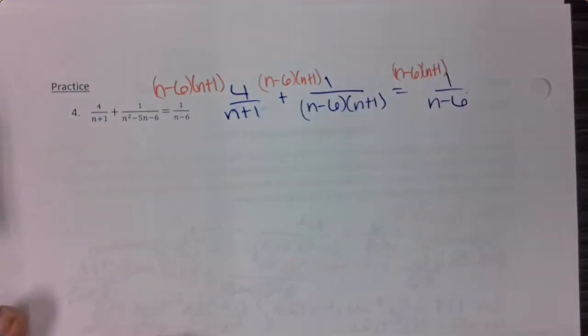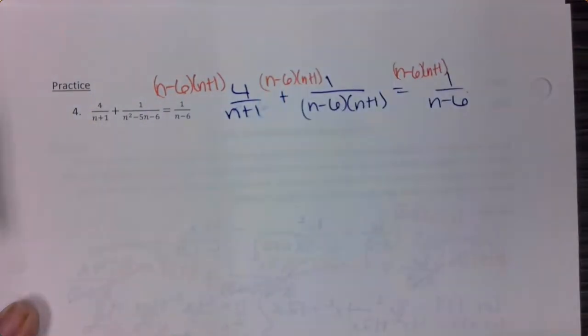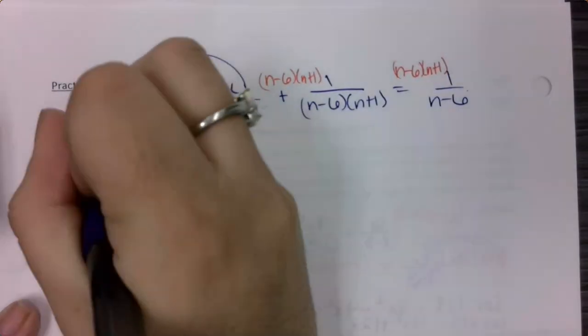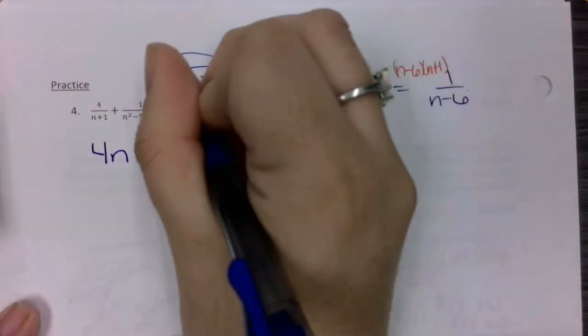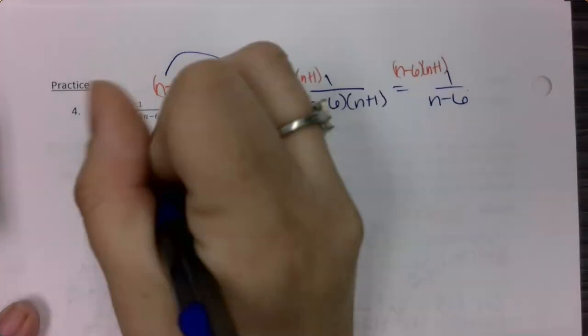Okay, so what can I cancel out with my first one? N plus 1. So then I have 4 times n, which gets me 4n. 4 times negative 6, negative 24.